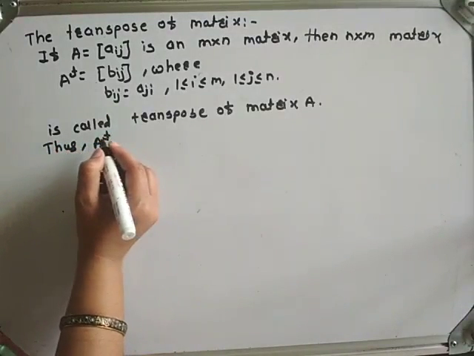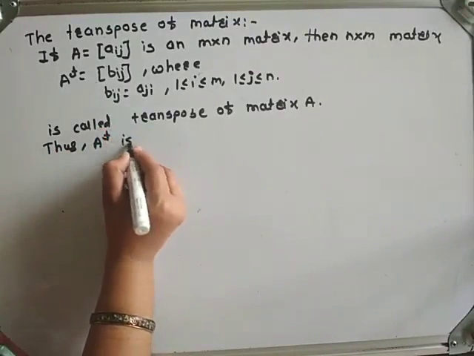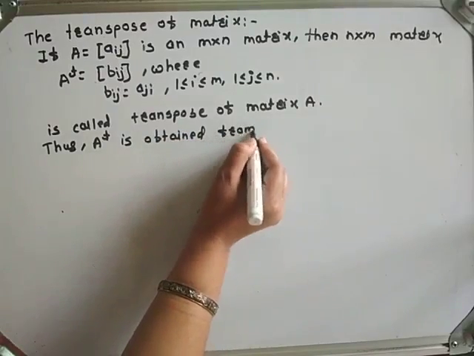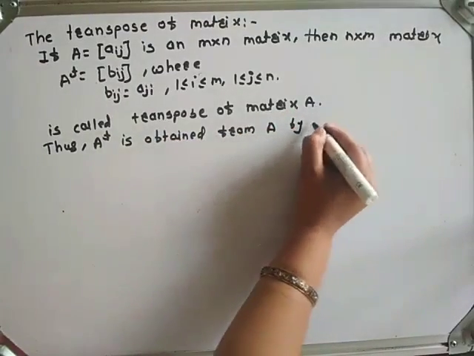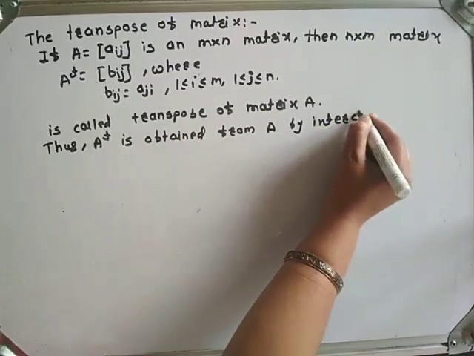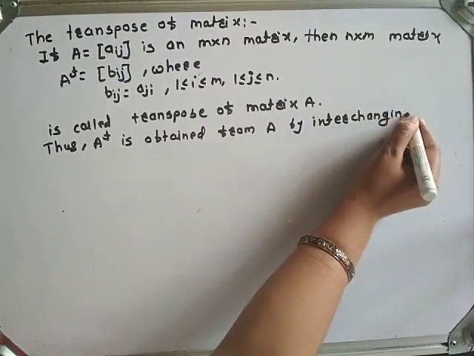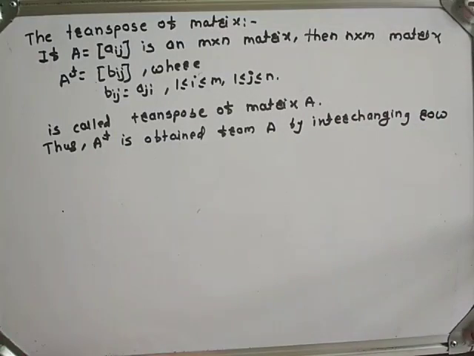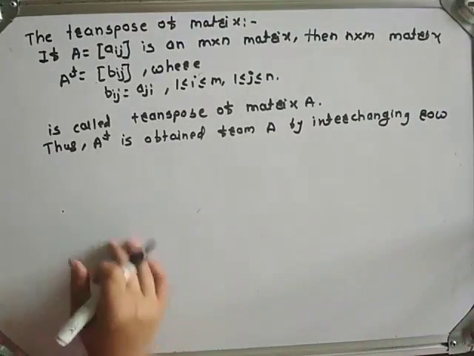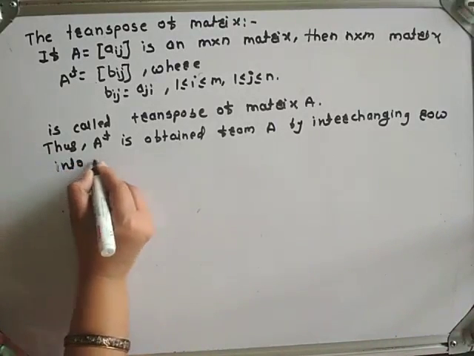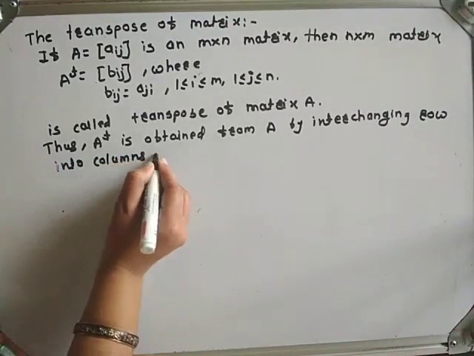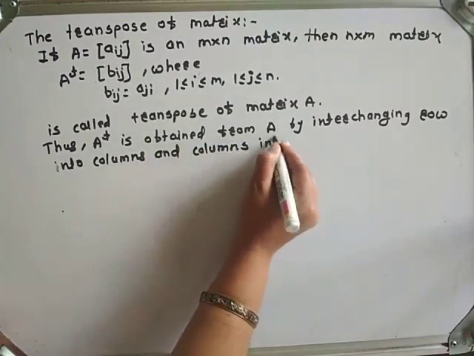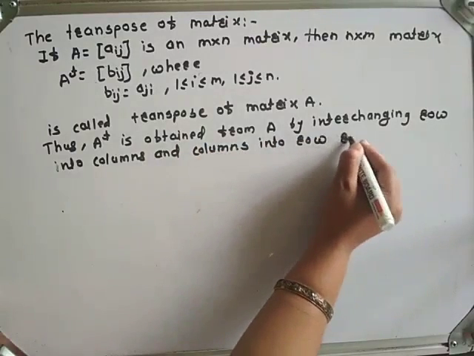Thus, A raised to T, meaning A transpose, is obtained from A by interchanging rows into columns and columns into rows respectively.